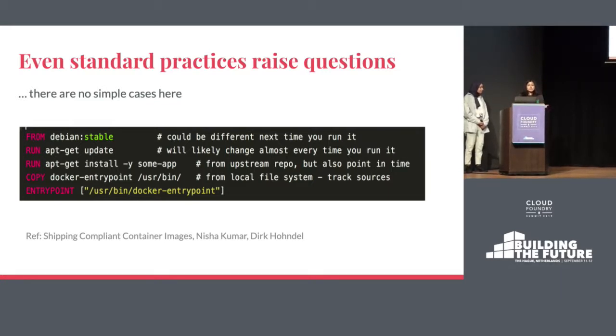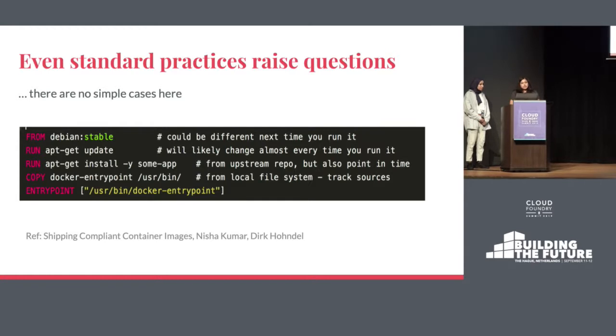For example, if there is a later distribution of Debian, that could be different the next time you run it. The apt-get will almost be different every time you run it. And even for the custom app that you installed, you need to know at which point in time it was installed to make sure that the license for that was accounted for. And even for some local changes that you made, you need to track sources for those. So it's not simple even if you're doing something standard.